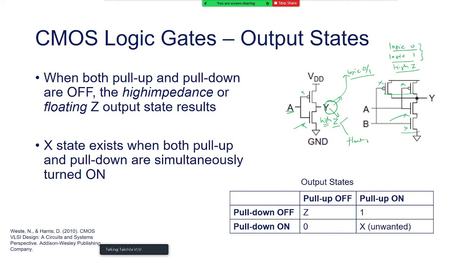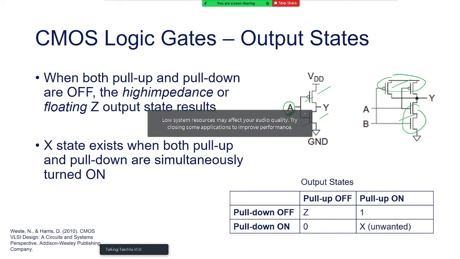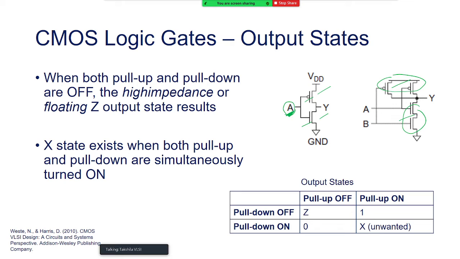What about the situation where both the pull up network and pull down network have some logic happening so that both transistors are on? Here also these transistors are on, this transistor is on. Usually it is not possible because you have a well-defined logic, you define what to put here, but sometimes, logic switching happens and both transistors try to go on.